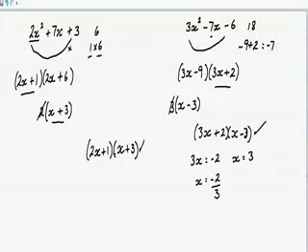Okay, and then this one, 2x equals minus 1, so x equals minus a half, and this one nice and easy, x equals minus 3.